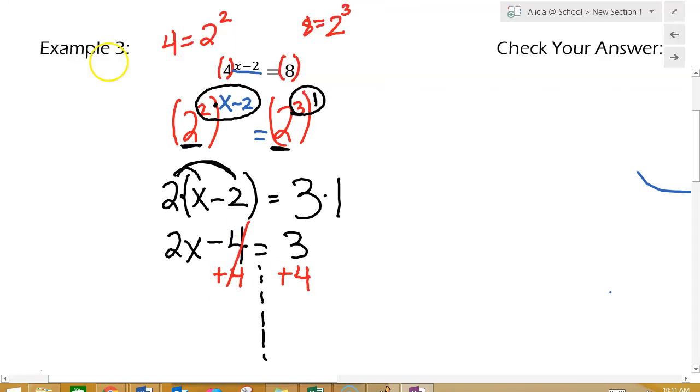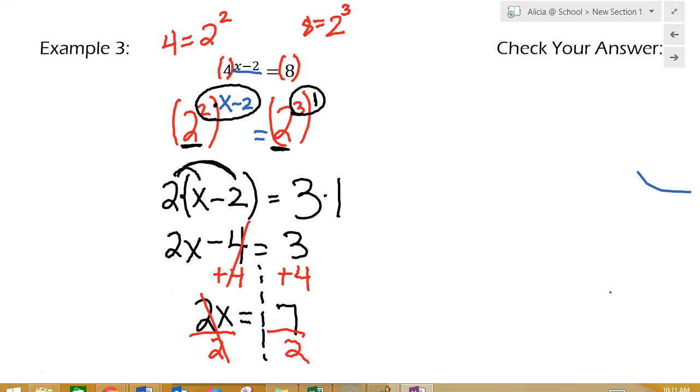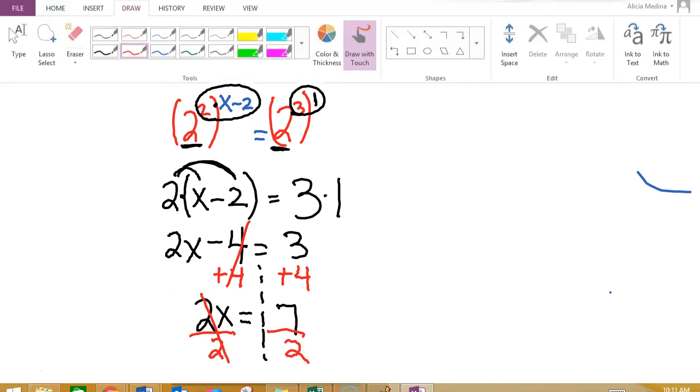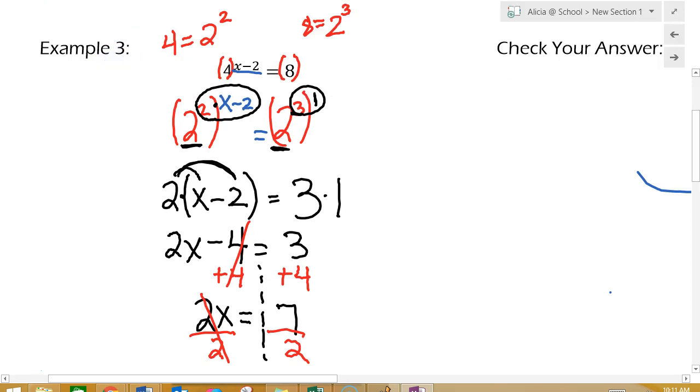All right, I have 2x equals 3 plus 4 is 7. I have 2 times x, and the opposite is dividing by 2 on both sides. So therefore, we get a final answer of x equals 7/2, which we do have to check.